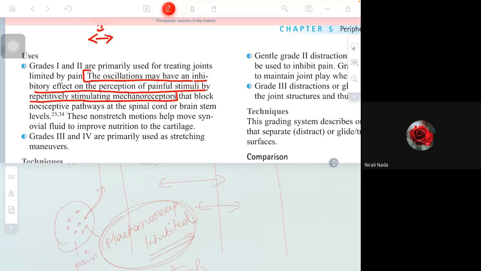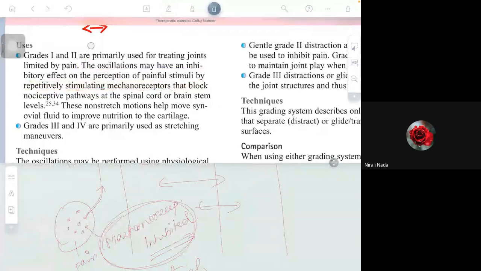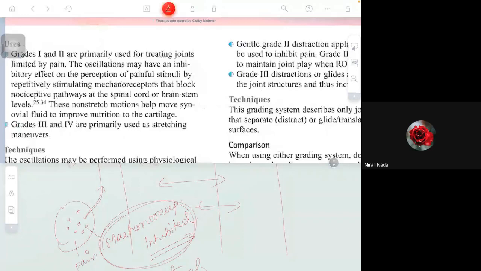Clear? Inhibitory effect, you read from here to here. The oscillations may have inhibitory effect on perception of painful stimuli by repeatedly stimulating mechanoreceptors.